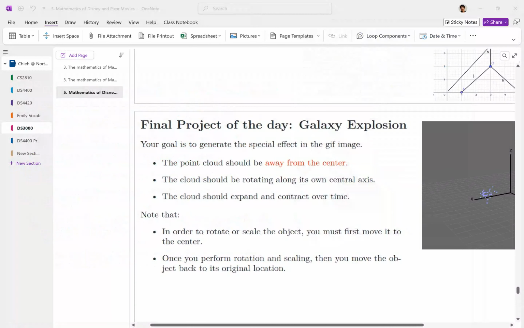And you want to simulate this effect. So you want to rotate and you want to move it to the center and rotate and move it back, right? And then you need to do that in real time. And as a result, you will have this kind of effect. Now, if you forgot to center it, then your rotation will look like this, which is not the effect we want.